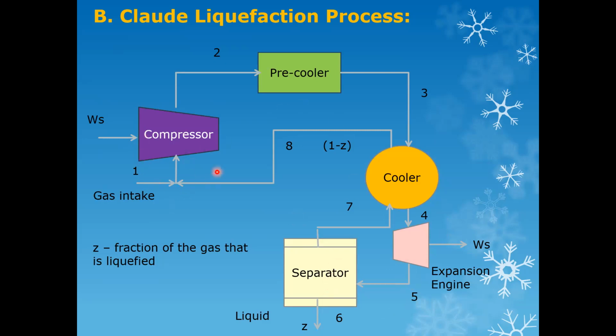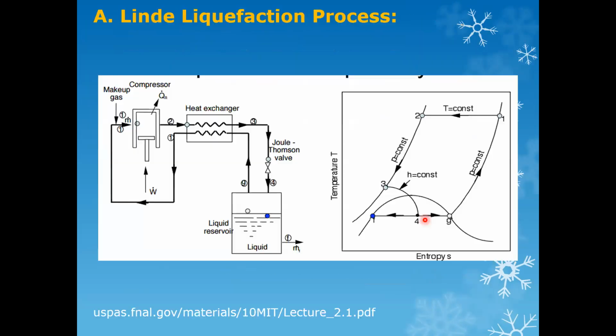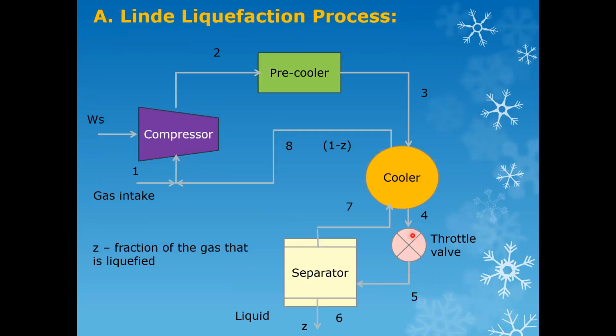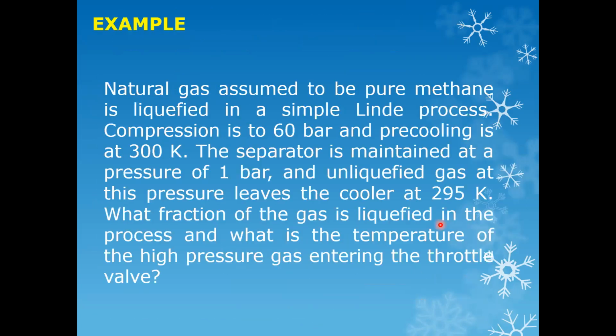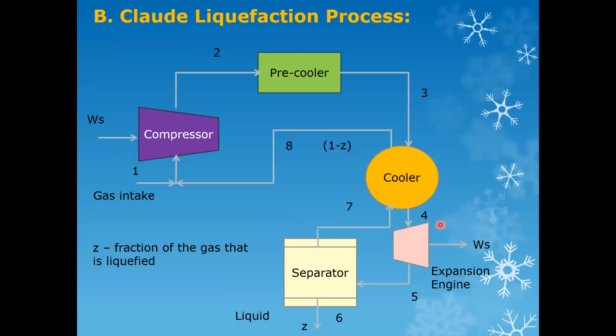Essentially, they are the same except for this part. This is for Claude; for Linde, we use a throttle valve. We can also do an energy balance around these three devices to solve for the mass fraction.